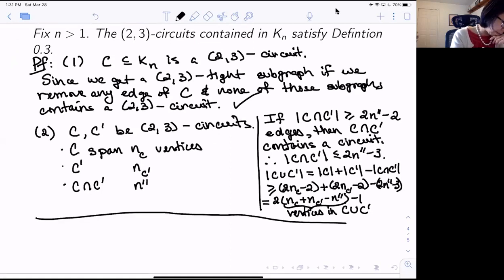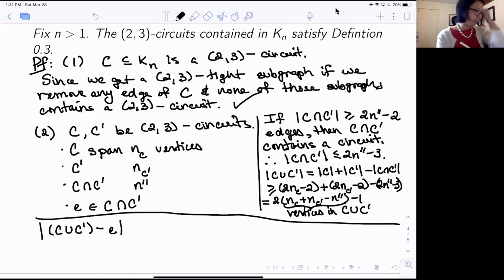And now let's look at the size of the set that I get when I take the union of the two circuits and throw away an edge. I was supposed to say, maybe at the very beginning, suppose that those are 2-3 circuits, and I have an edge e that's contained in their intersection. So now I'm going to throw away that edge e, and I'm only throwing it away once.